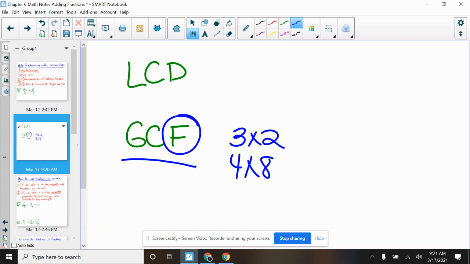But if we're finding least common denominator, do we use greatest common factor to do that? No. They're two totally different things. It's like hamburgers and tacos. They don't go together. We don't use them together. So least common denominator should go with least common multiple. And your brain should hear the word multiple and tell you to list the multiples.